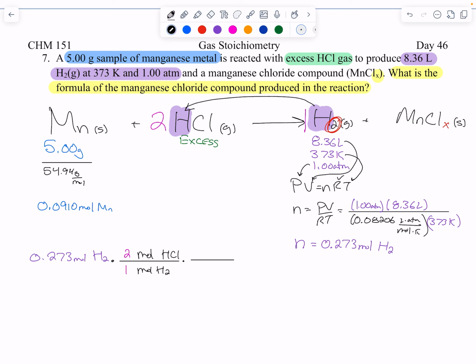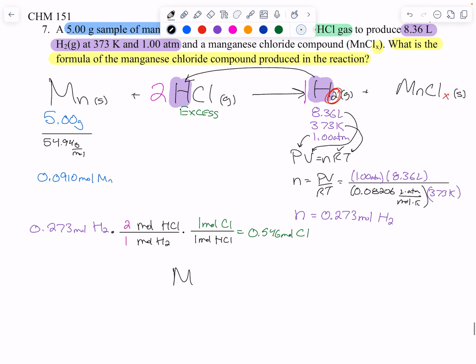And then I'm just going to write this out that 1 mole of HCl has 1 mole of Cl. So that means if I double, I get 0.546 moles of Cl reacted.